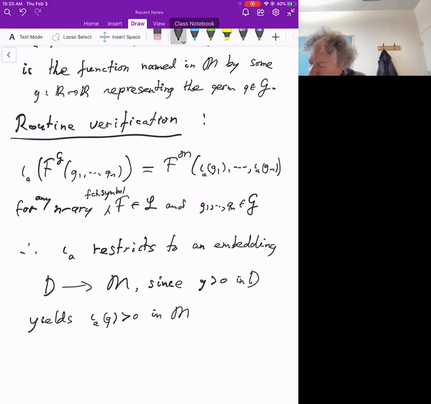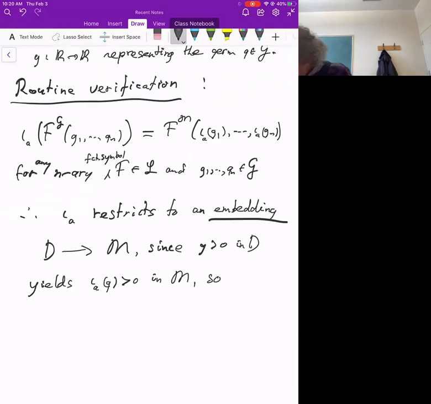And that means in particular that it's an embedding of L structures. So this is a useful way to think about germs. You simply replace it by the value of a representing function in some elementary extension evaluated at some infinitely large number.